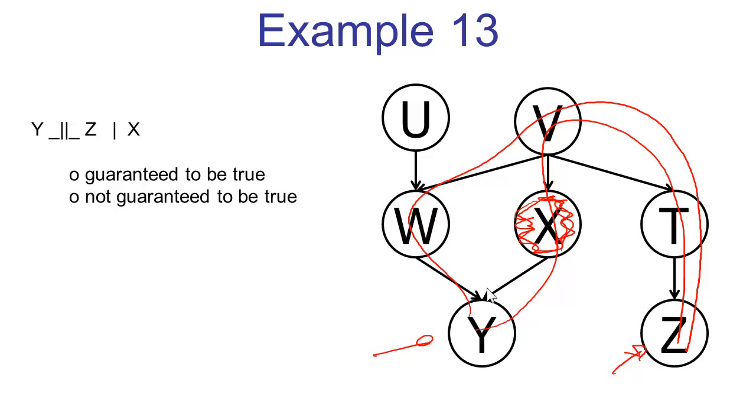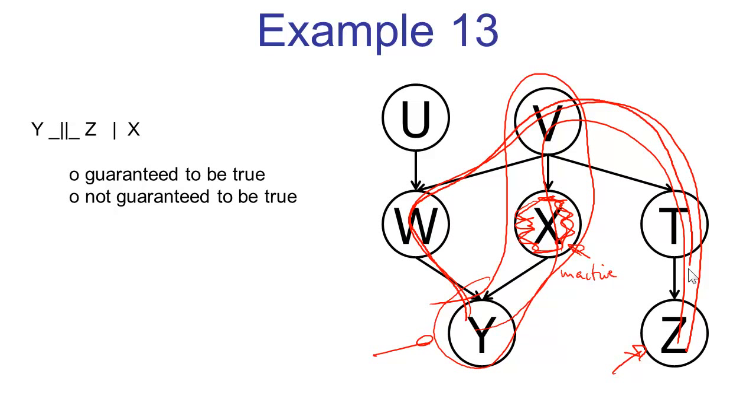For the path YXVTZ, the first triple is YXV. This triple is a causal chain with the middle node observed. Means this triple is inactive, means the entire path is inactive. Means we move on to checking other paths. There's one other path that we're going to check, YWVTZ.